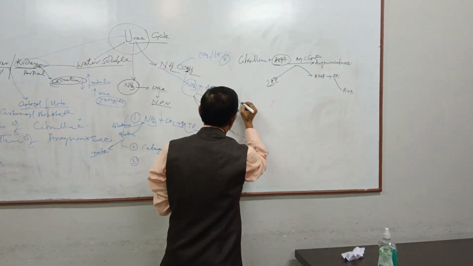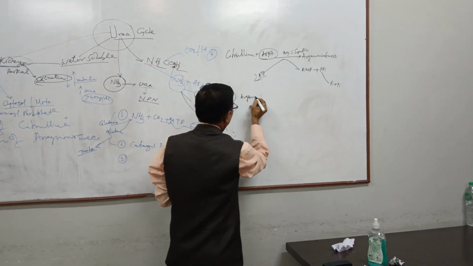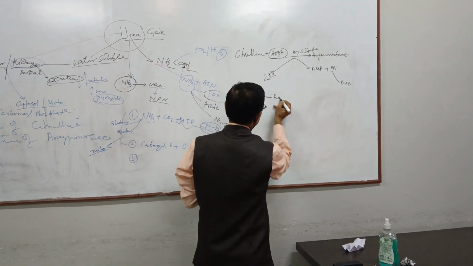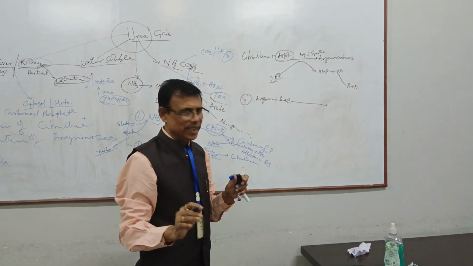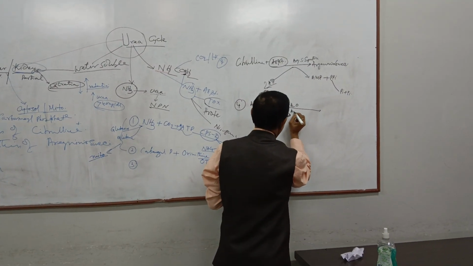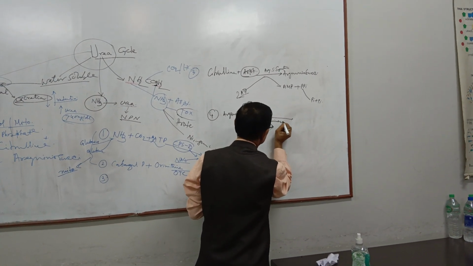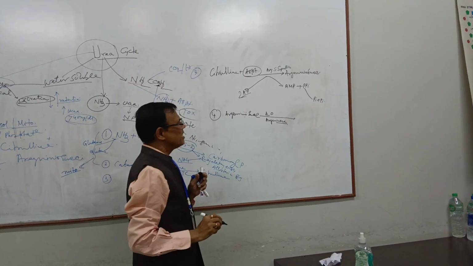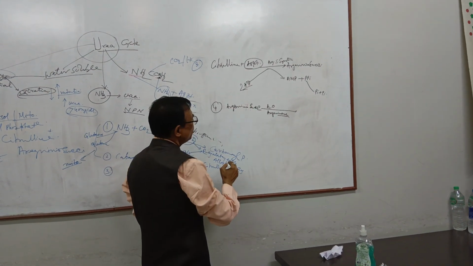Now argininosuccinate, number 4. What will happen? Argininosuccinate undergoes simple hydrolysis, in the presence of water. Arginase is the enzyme hydrolyzing the argininosuccinate to form urea.